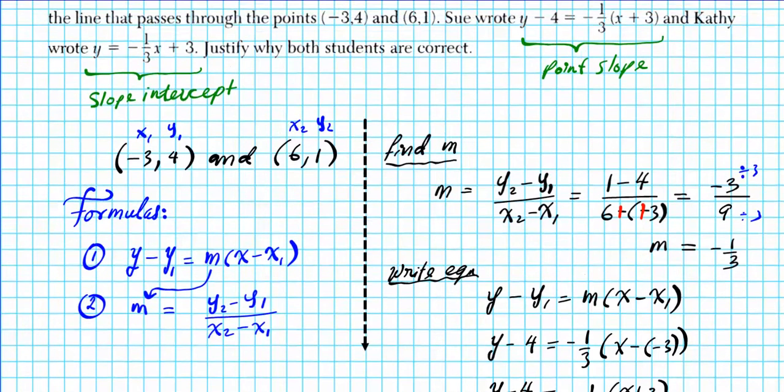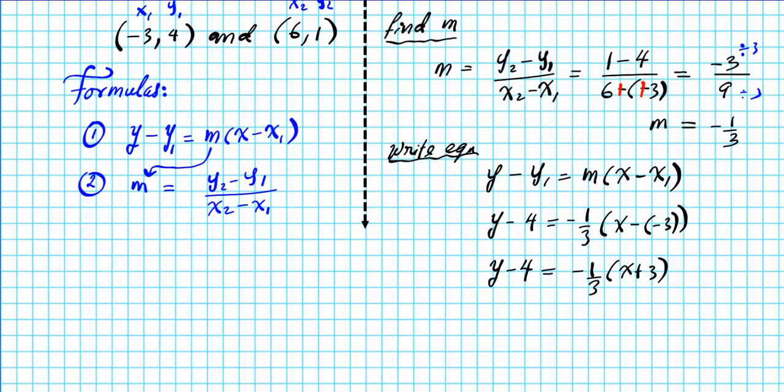Since this does not match Kathy's equation, does this mean that Kathy's solution is incorrect? The answer is no. This is one form, so we're going to transform it into the other form. Let's identify what form this is.